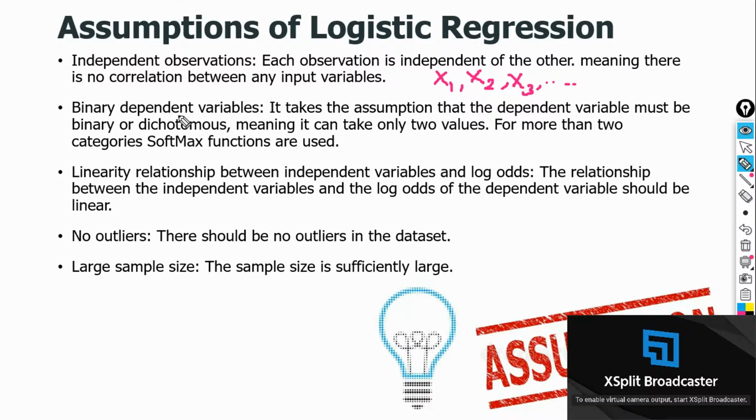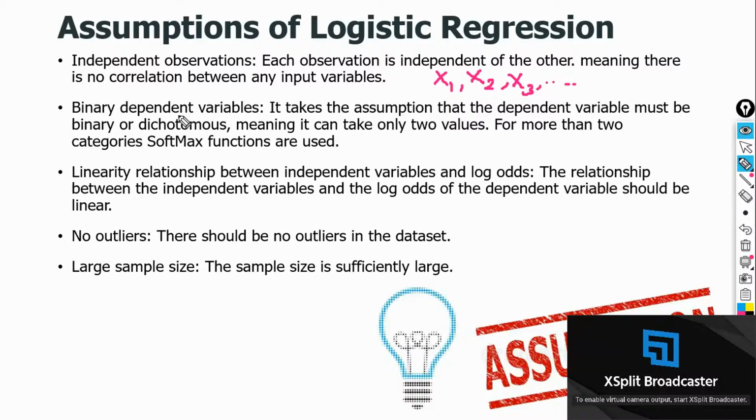And binary dependent variable: whatever the y column, the output column, you'll have the classes as part of the dependent variable. This dependent variable which holds the binary classes should take only two, and they should not depend on each other.